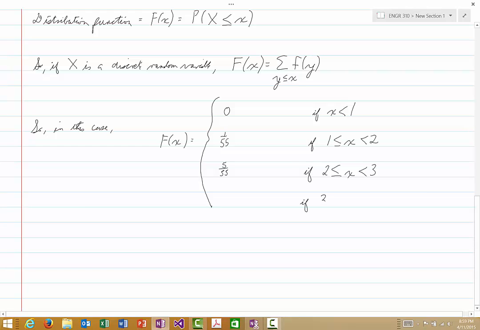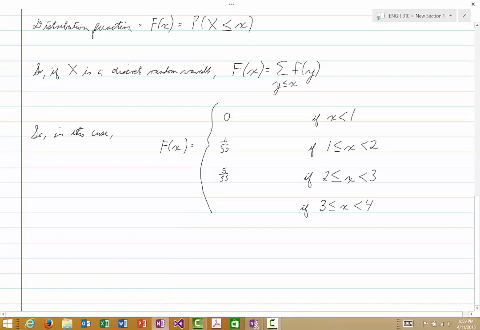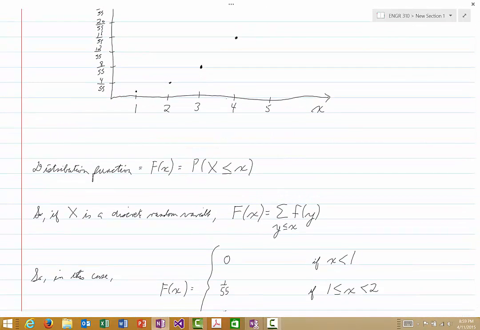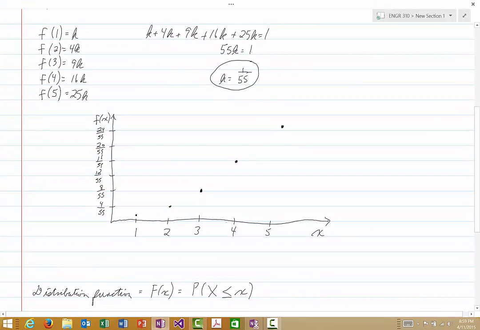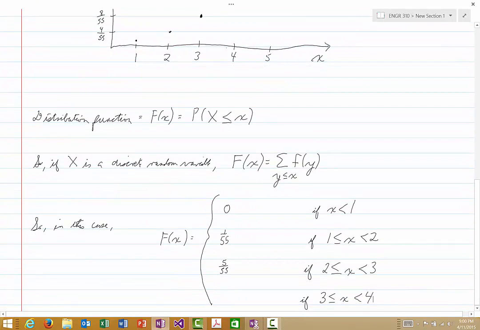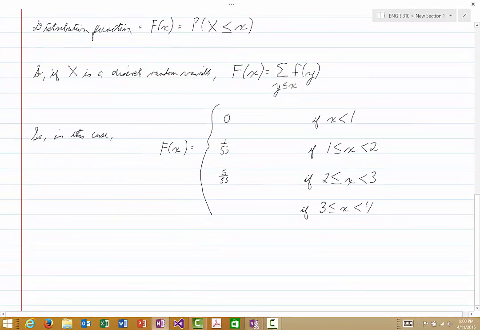And then we go to the next case. If 3 is less than or equal to little x is strictly less than 4, well, then we add up all 3 of these cases, 1, 2, and 3. And so we would have k and 4k, that's 5k, and 9k is 14k, or 14 over 55.